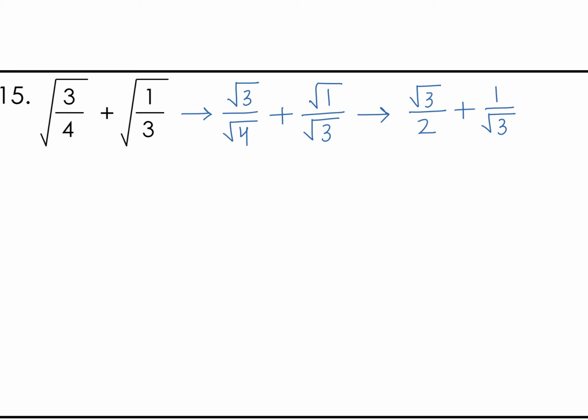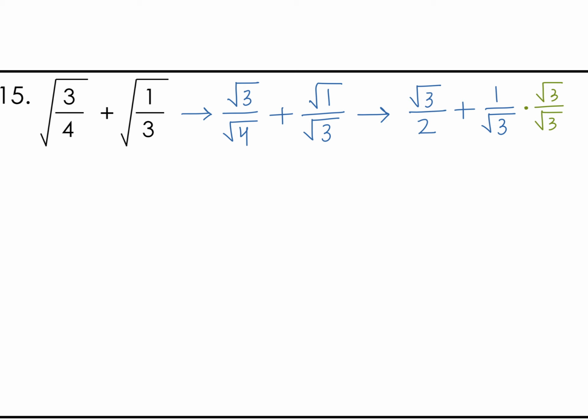All right, so there's a few things you can do here to kind of work this out. I'm going to go ahead and start off by just rationalizing this second fraction here. I'm going to multiply it by the square root of 3 to the numerator and denominator.